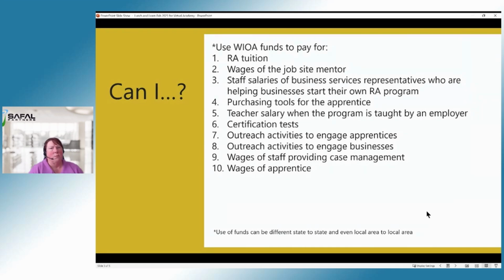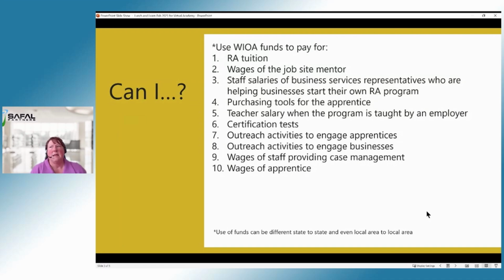And if you have someone who is doing this to help them even produce the work process that has to go along with a registered apprenticeship program, if you're helping the employer set up what's the curriculum, but also what's the competency, how many hours maybe they have to do of on-the-job training, all of that a business services rep can help with.